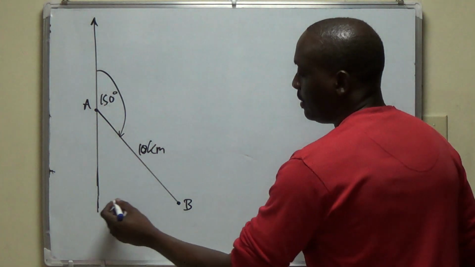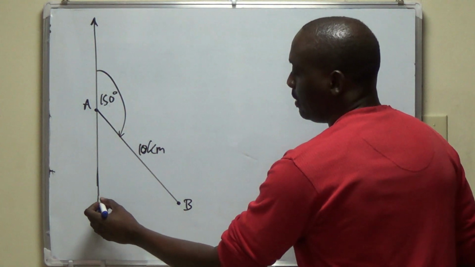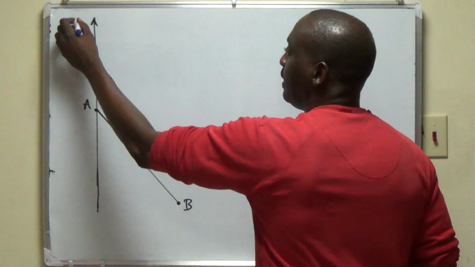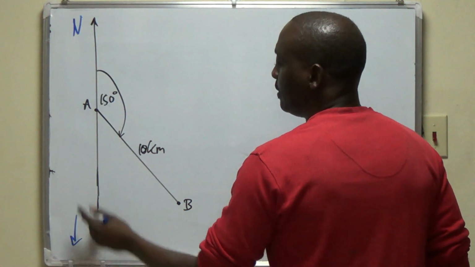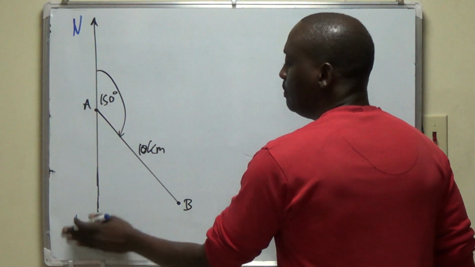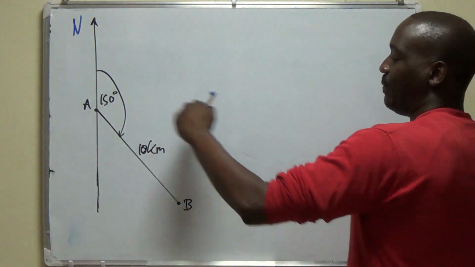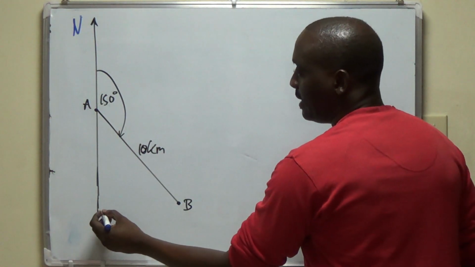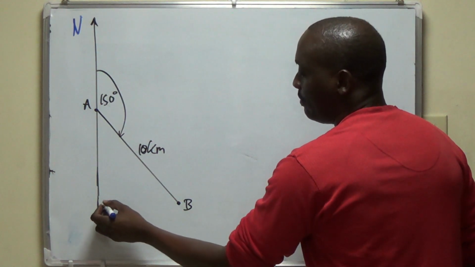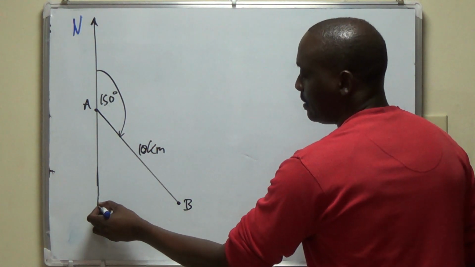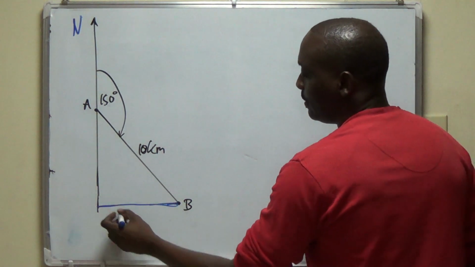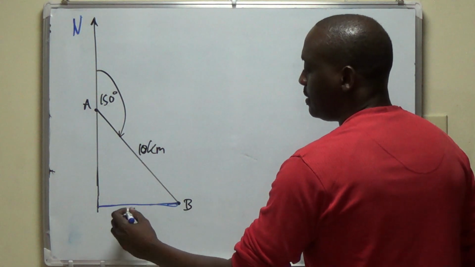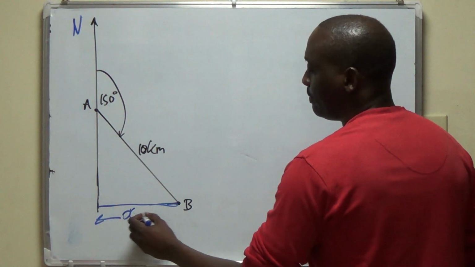So in other words, if this is your north line, then south would be going down, east would be going to your right, and west would be going to your left. So how far east of A is B? We're referring to this situation here. Right? That's what we're talking about. So this is the distance we're trying to find.